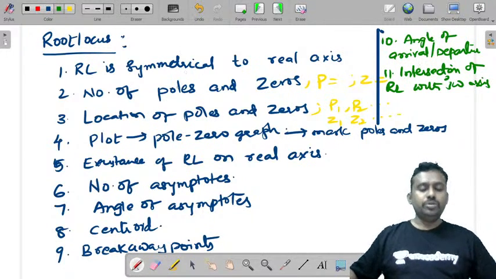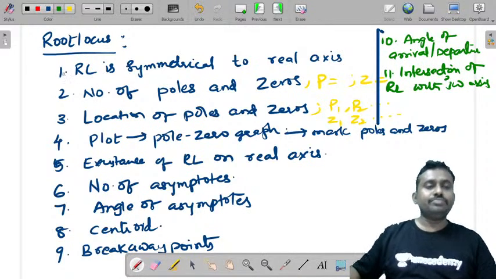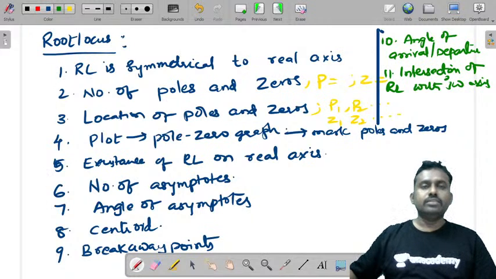As I told you, you may or may not have to find all of these, because it depends upon the given question in root locus. These are the different terms, and we'll write the expressions required for these.